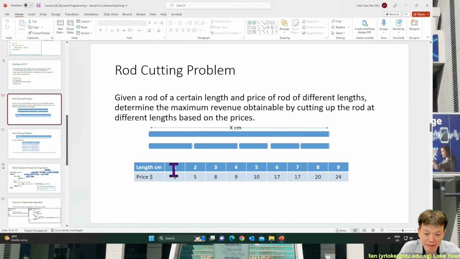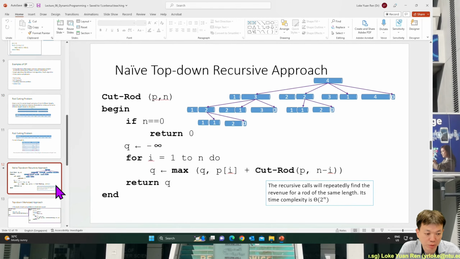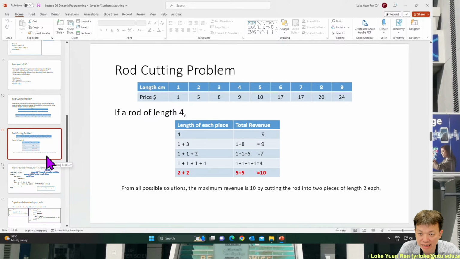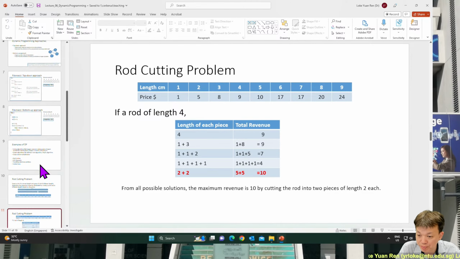You get 1 cm $1, 2 cm $2, 3 cm $8, and so on and so forth. From that, you need to decide how to cut the rod. This problem is one of the very classic dynamic programming problems.